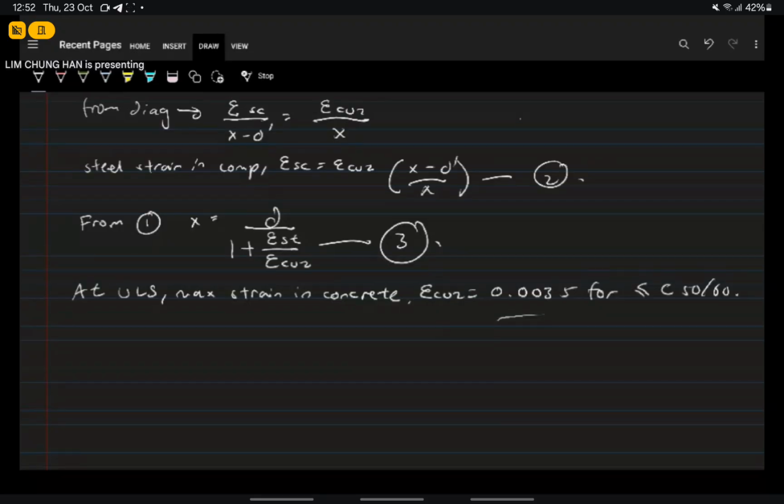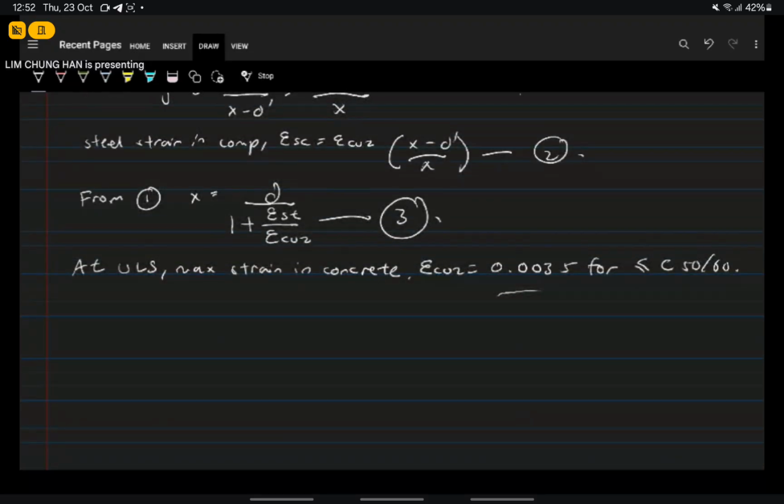And then for steel, do you remember what it is? The yield strain. For 500 MPa rebar, what is the yield strain?